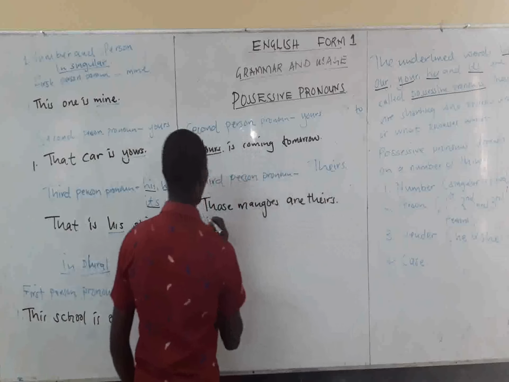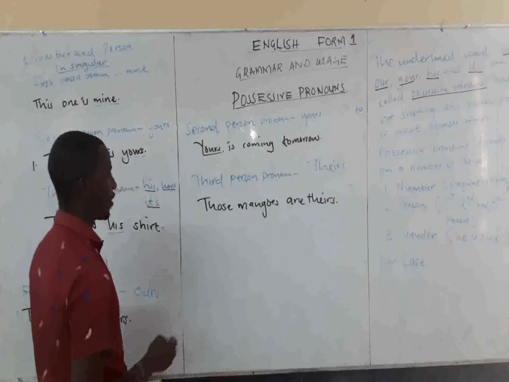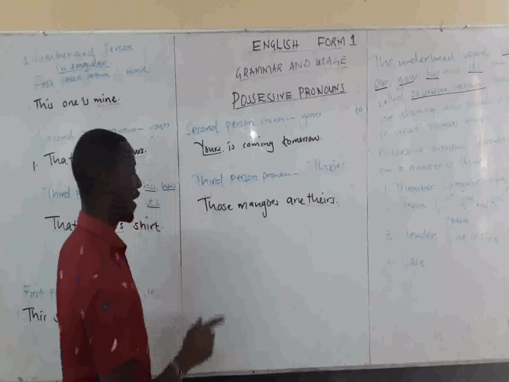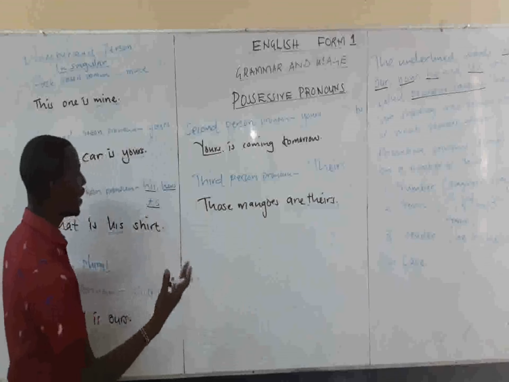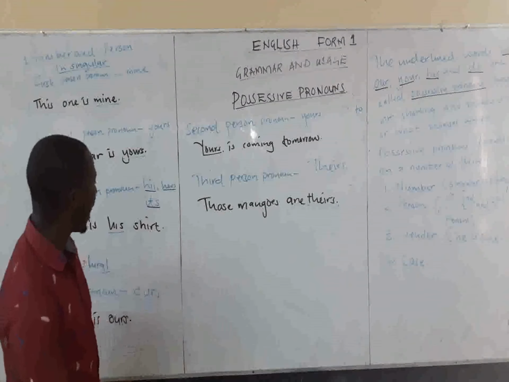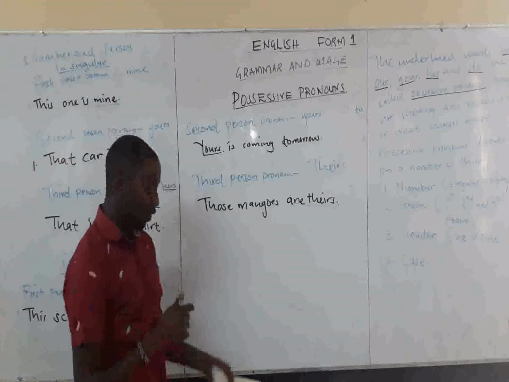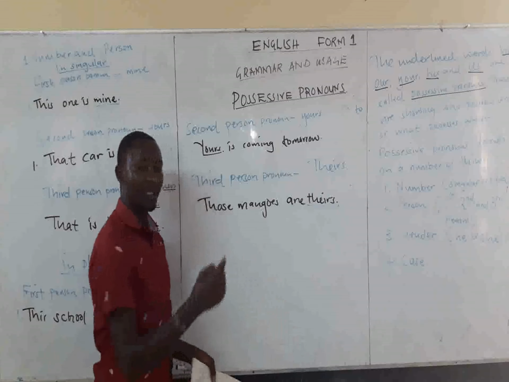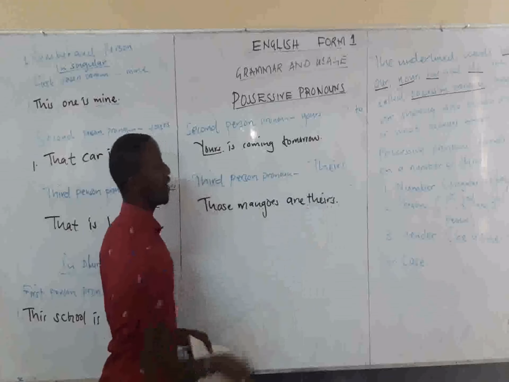For example, those mangoes are theirs. Look at that. Theirs. They are many. We are referring to those people who are not there, he, her, his, hers, it. They are not there, but we are referring to a third person. I'm telling you, the second person, that those mangoes are not yours, they belong to them. So it is theirs.